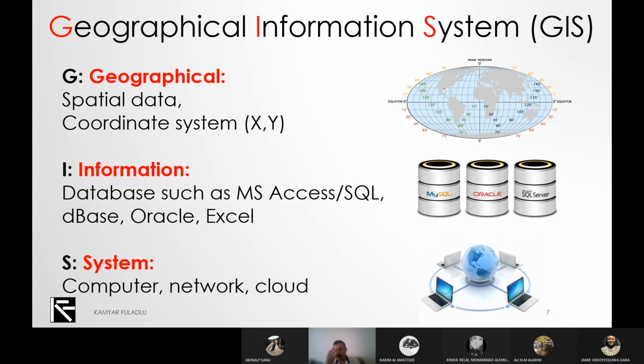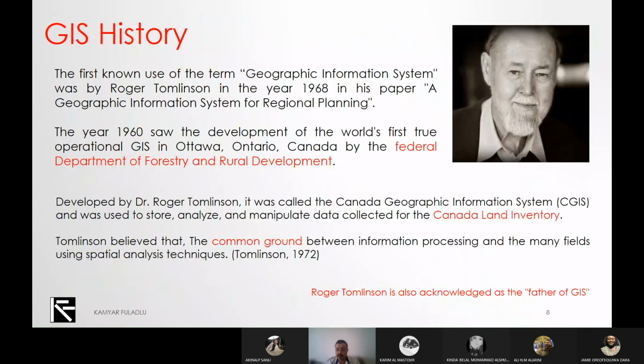I just want to give you very brief information about the GIS story. The Geographical Information System was first acknowledged by Roger Tomlinson in 1968 when he published a paper, A Geographical System for Regional Planning.